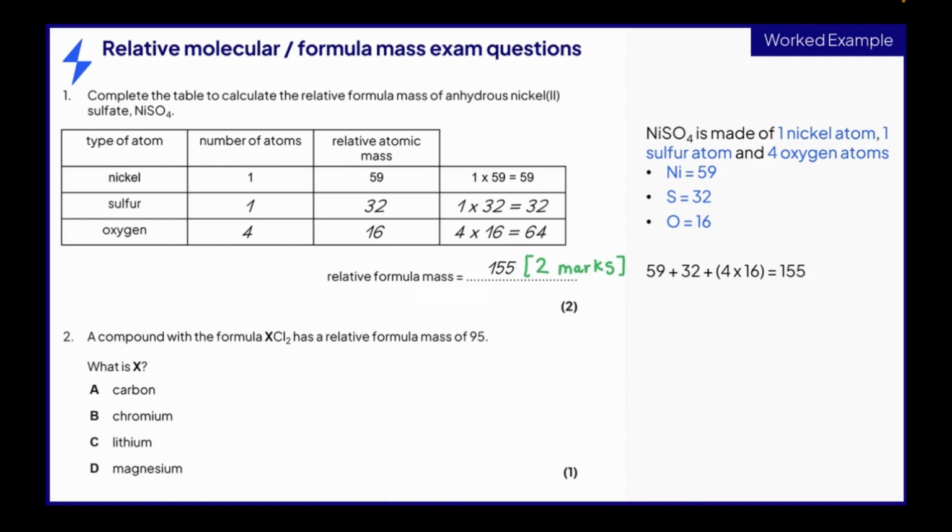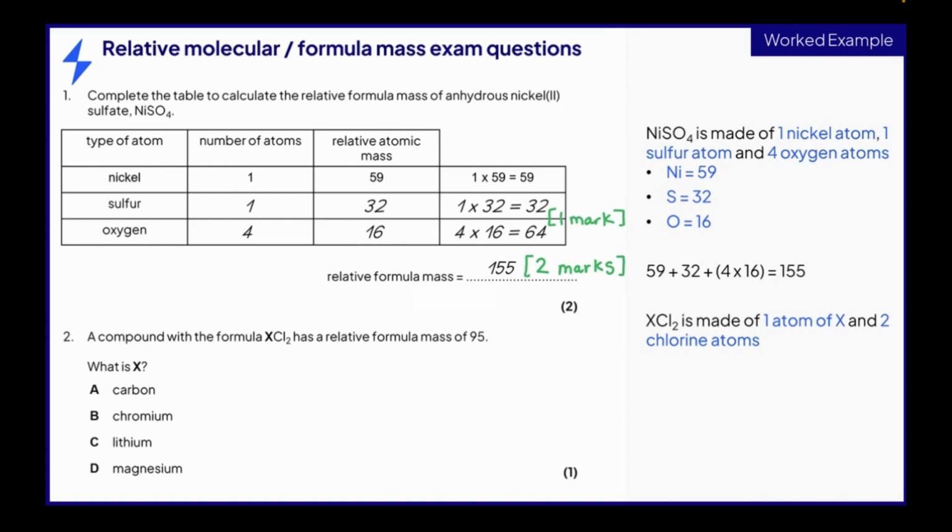If you did not get a final answer of 155, you can still gain 1 mark for either the sulfur row being correct or the oxygen row being correct. In the second question, XCl2 contains 1 atom of X and 2 atoms of chlorine. Again, remember that the little number 2 belongs to the element before it.